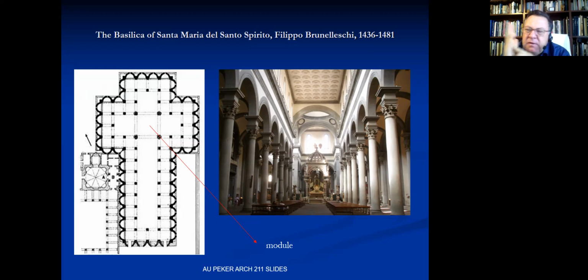The mean between the height and the width changed. This is the reason why we have a new architectural system introduced in Renaissance, which is different than the one which prevailed in Gothic.